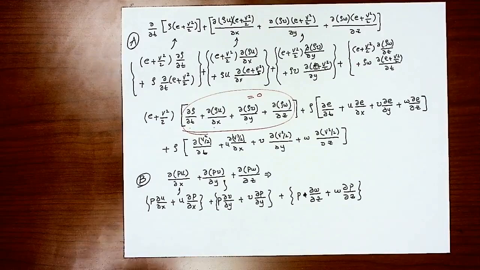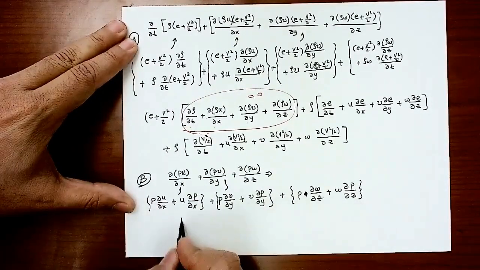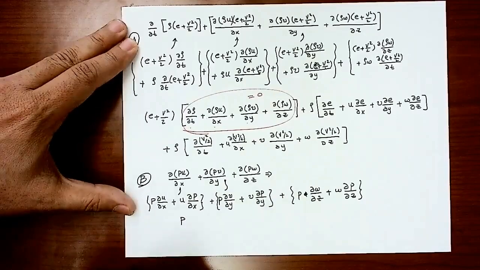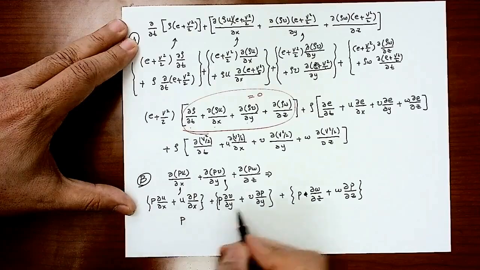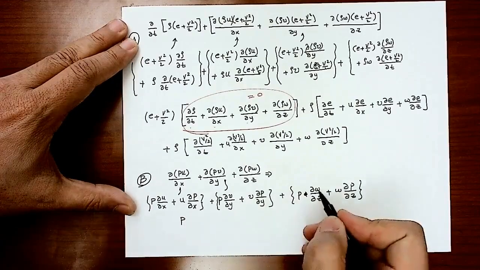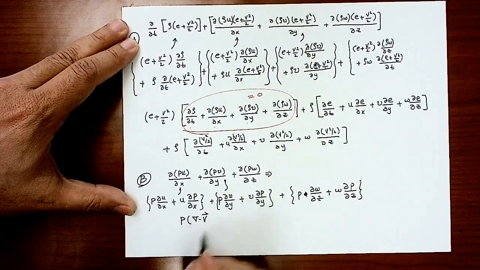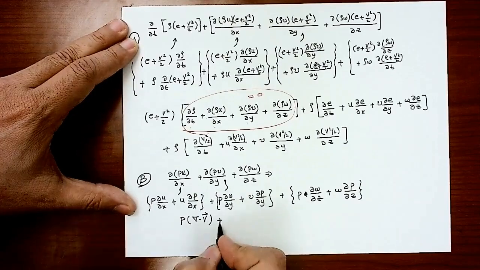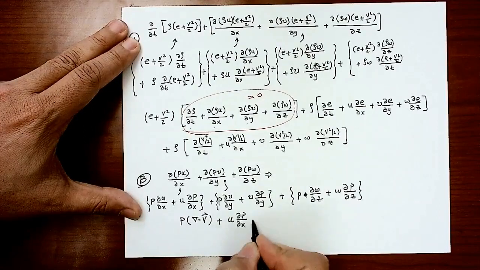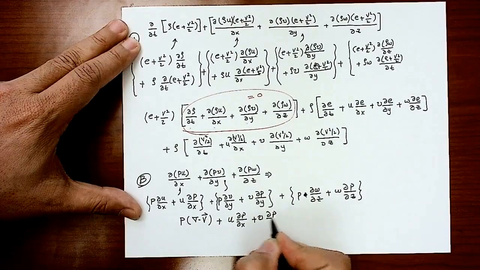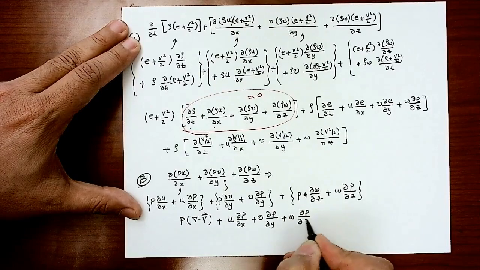So I can simply collect the terms as follows: P, P, P, so that's P, multiplied by ∂U/∂X plus ∂V/∂Y plus ∂W/∂Z. What is this? This is actually nabla dot V. Plus, the remaining terms are U ∂P/∂X plus V ∂P/∂Y plus W ∂P/∂Z.